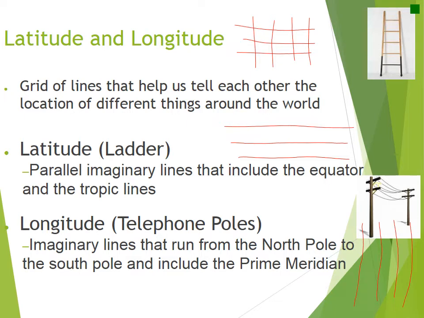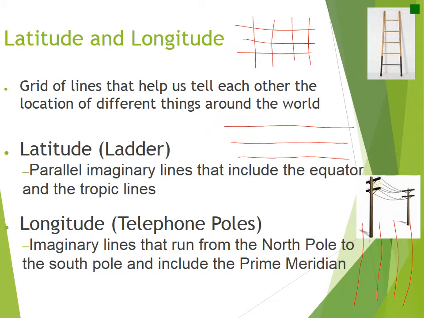Now, there are very special lines for both latitude and longitude, and the special ones for latitude are the equator, which is at 0 degrees, and so everything is measured from the equator, which is kind of like a belt that runs right around the center of the Earth. Okay, and then there's also these two tropic lines, which we'll talk about later when we talk about the Earth.